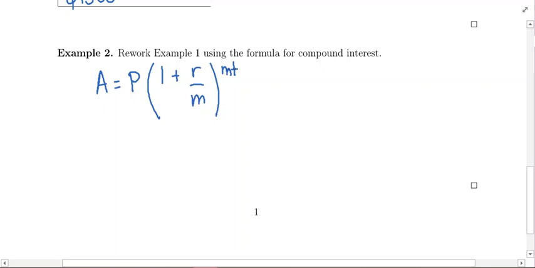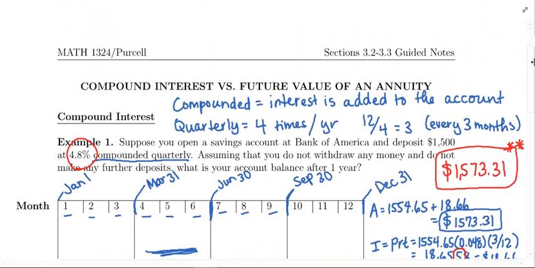Let's go over what we're looking for and what we know. Let's do the obvious things first. When you work with the formula, the interest rate has to be a decimal, so R is 0.048. T is the time. We're going back to the original question. Remember, we're not mapping it out anymore.